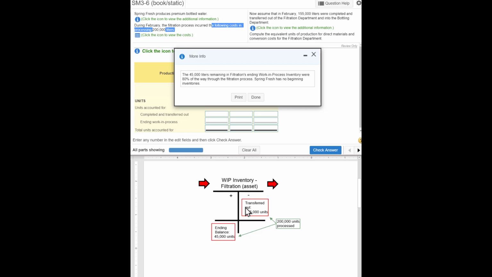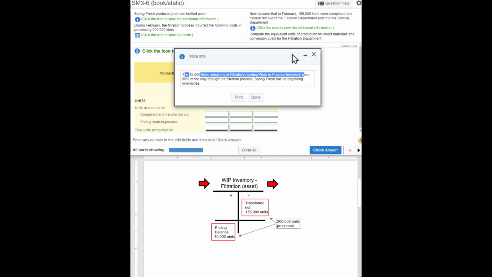Some of them were finished, some of them were unfinished and therefore are still in the department at the end of the period. It says 155,000 liters were completed and transferred out. So that's what I'm showing here, completed and transferred out. If we process 200,000, 155,000 were completed and transferred out. That means 45,000 liters remain in the filtration's ending work in process inventory.